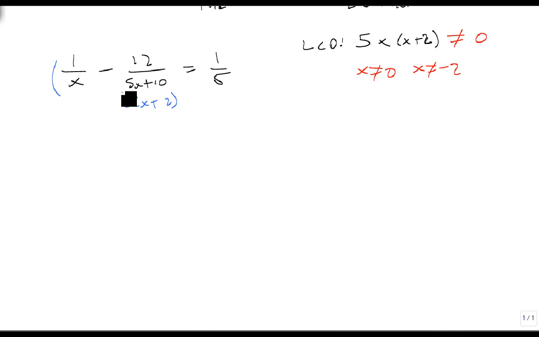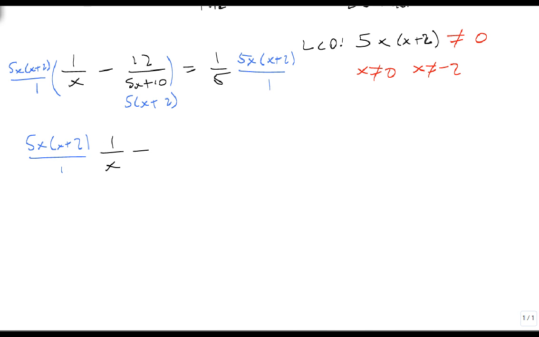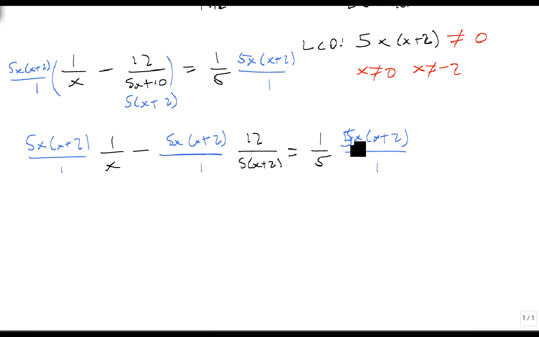So let's multiply both sides by 5x times x plus 2 over 1. That means we get to write each term multiplied by that. So 1 over x times 5x times x plus 2 over 1, minus 12 over 5 times x plus 2 times 5x times x plus 2 over 1, equals 1 over 5 times 5x times x plus 2 over 1.